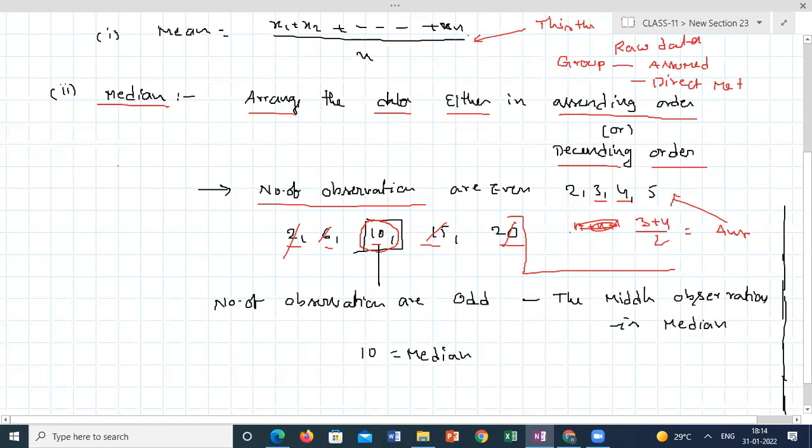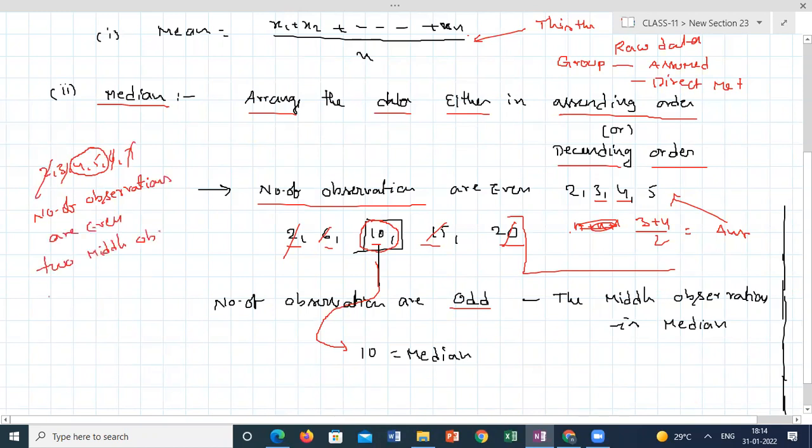If the number of observations is even, you will get two middle observations, and the average of the two middle observations is called the median.